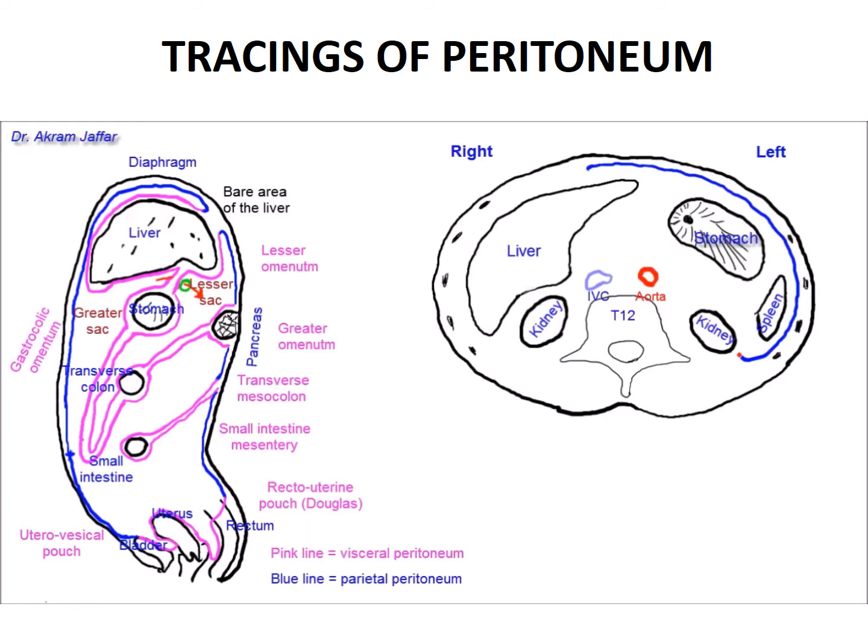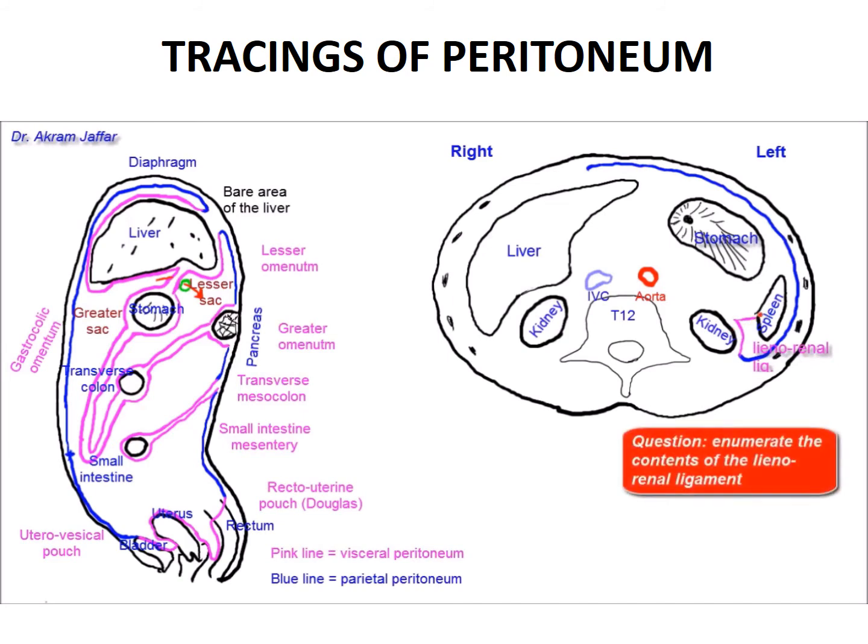Drawing it in pink, it covers the kidney and is reflected from the kidney as a fold. This is one layer of the fold extending from the kidney to the spleen, and this is called the lieno-renal ligament. Lien means spleen, and renal, lieno-renal ligament.